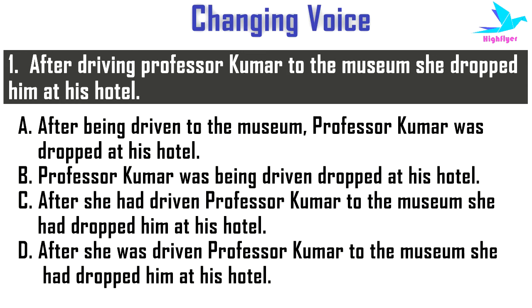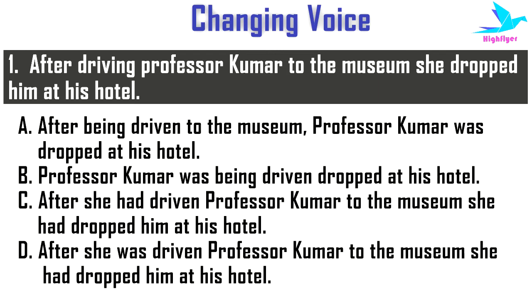For example, "After driving Professor Kumar to the museum, she dropped him at his hotel." The options are: Option A, "After being driven to the museum, Professor Kumar was dropped at his hotel." Option B, "Professor Kumar was being dropped at his hotel." Option C, "After she had driven Professor Kumar to the museum, she had dropped him at the hotel."